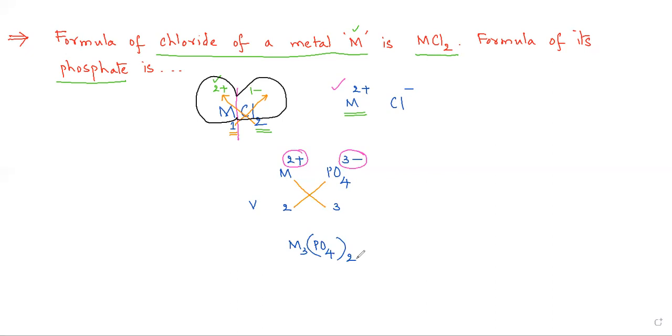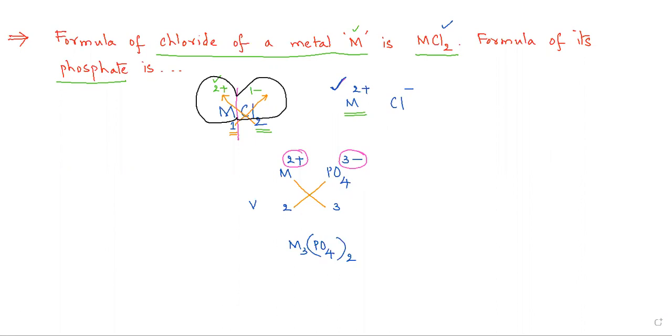Check out this once again. See, from the given formula of the metal chloride, we have actually got the formula of metal ion. Just taking this over here and this over here. Right? Once the formula of the metal ion is obtained, just combine it with the formula of the phosphate ion, which you already know.